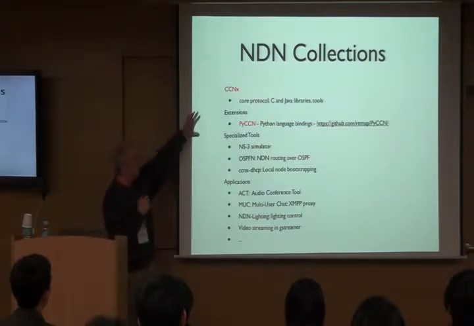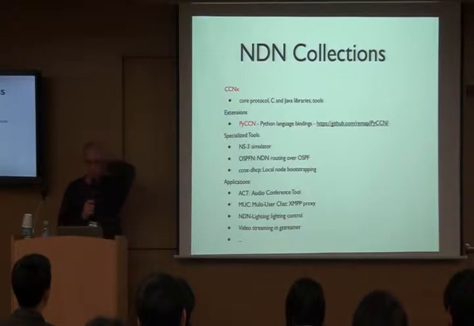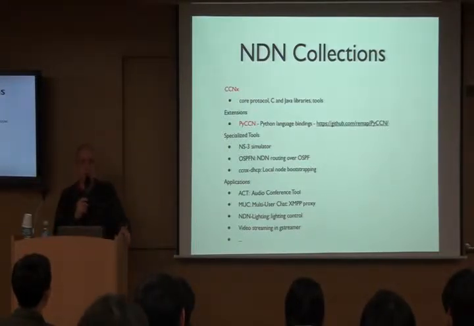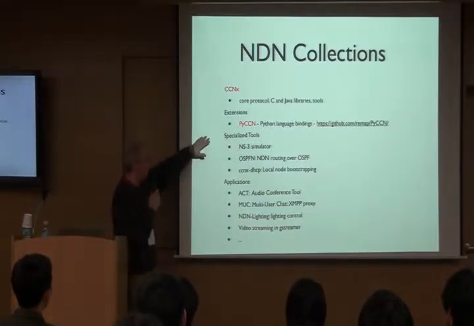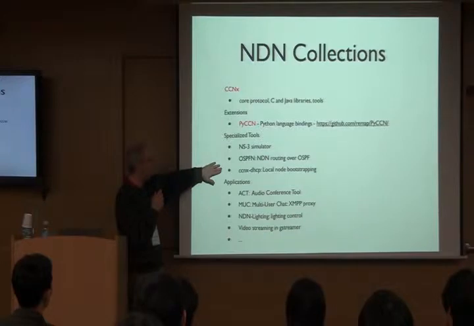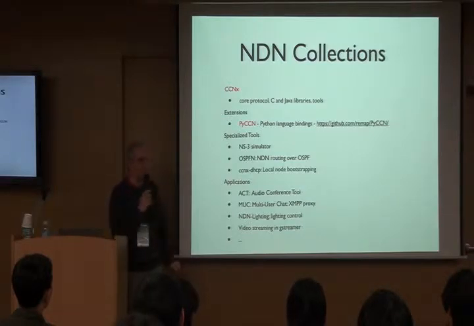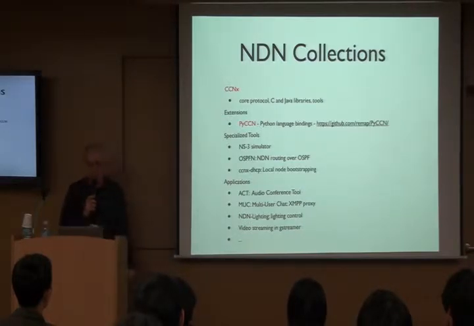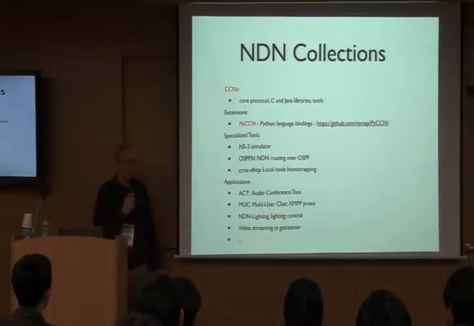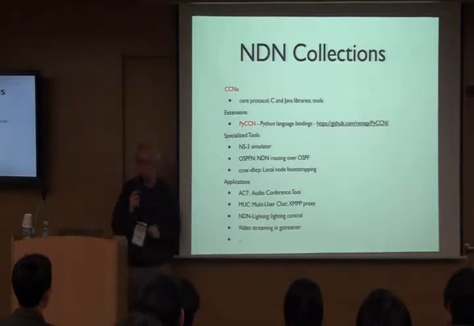So these, particularly CCNx, are kind of the core software collection that many people are able to build on and do a variety of interesting things. We've listed here some of the specialized tools that people are working on. These are examples all from the NDN project in the United States, although others also have been working on an S3 simulator.